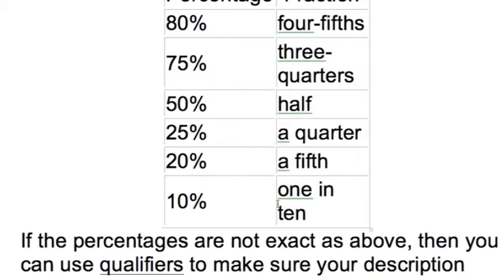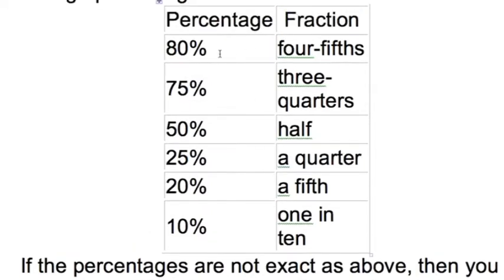So this is the way you can use in your diagrams, in your graphs, and this is the correct percentage. Instead of repeating 80%, 75%, 50%, you can use alternatives. This will make your writing task more appealing, more attractive.